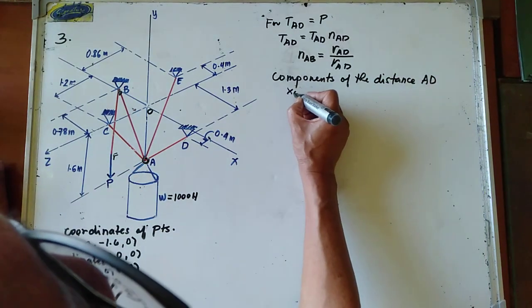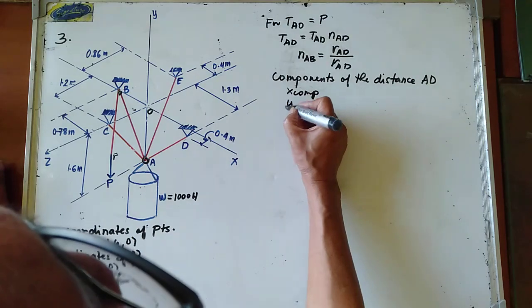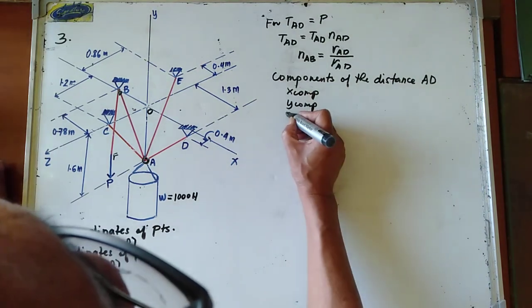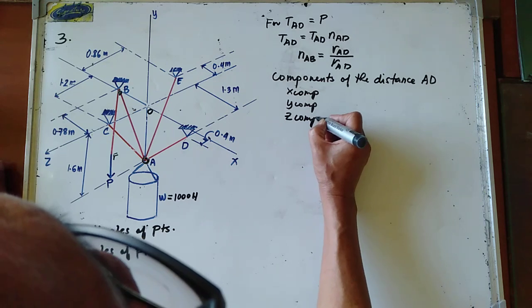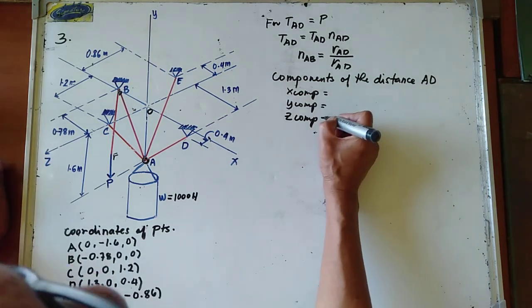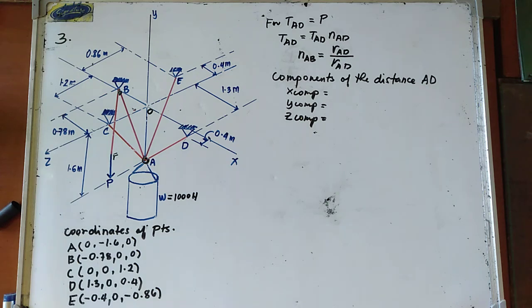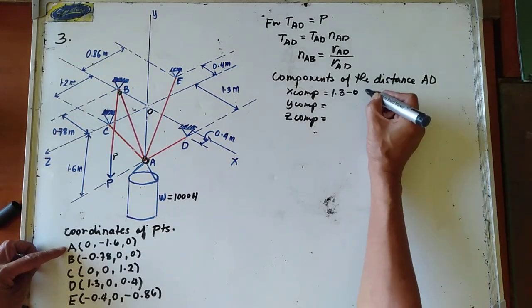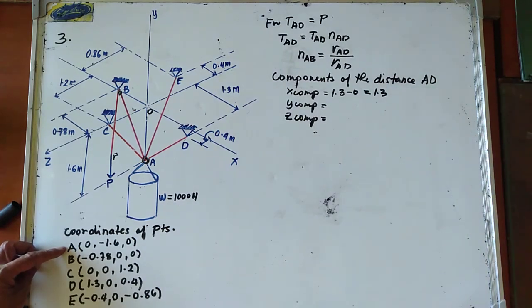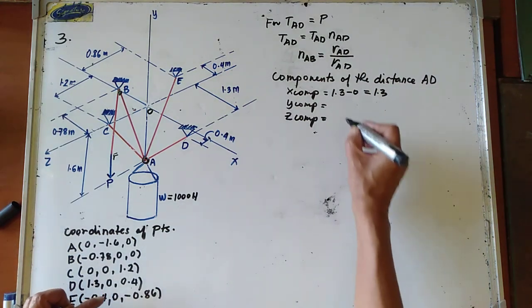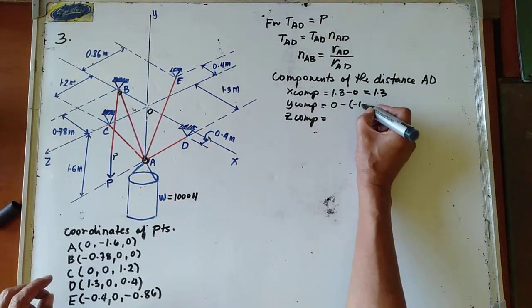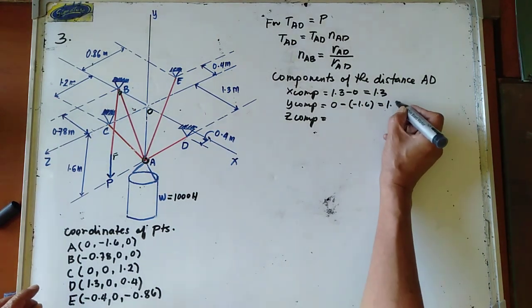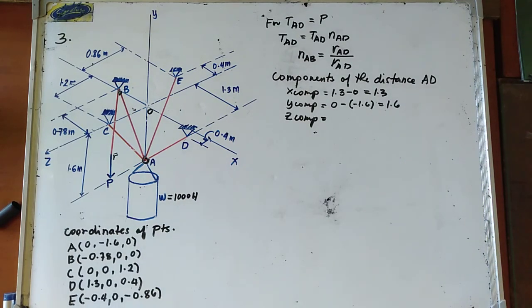We have your X, your Y, and your Z. So again, the position vector is directed from A to D. So it is D minus A. So we have 1.3 minus 0, that is 1.3. 0 minus and minus 1.6, that is positive 1.6.